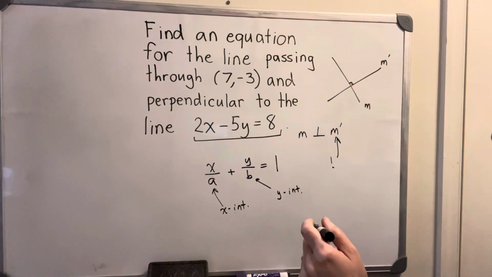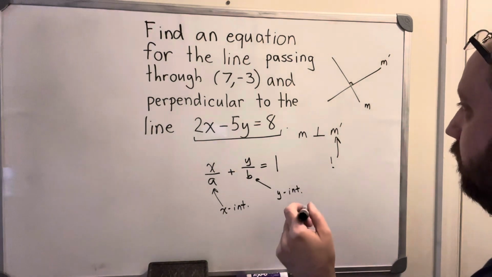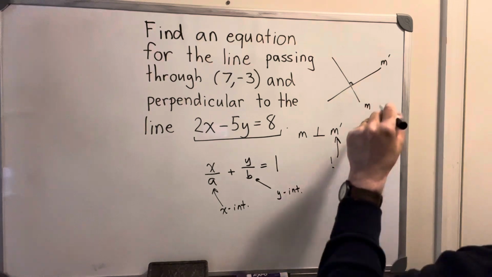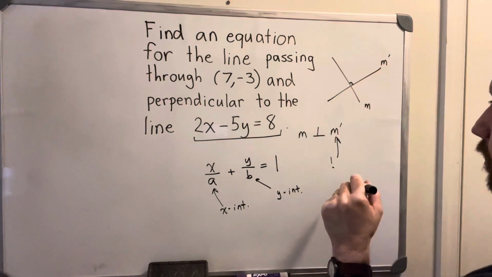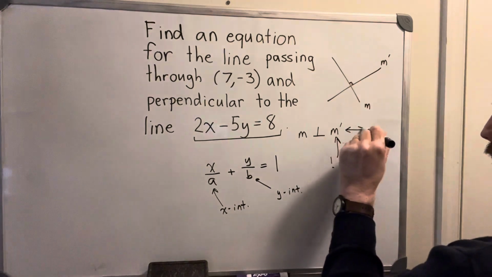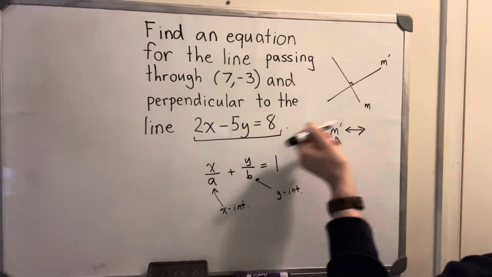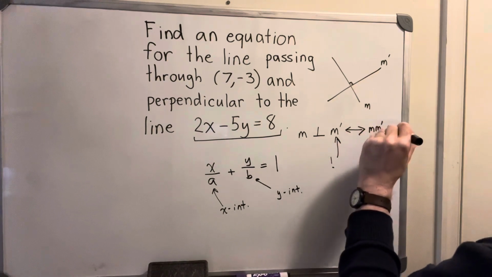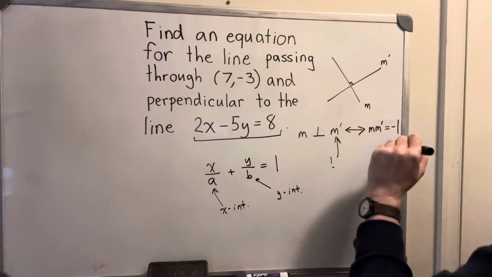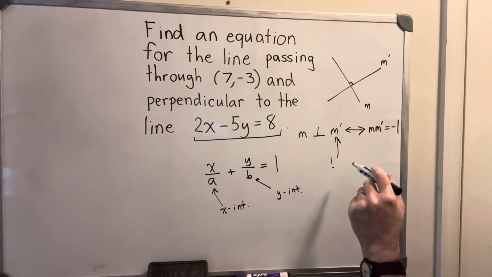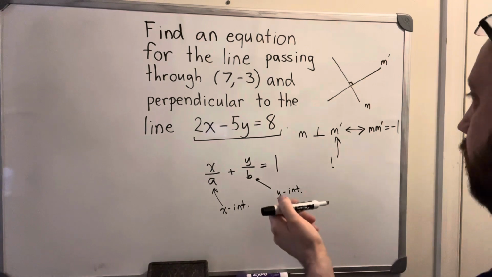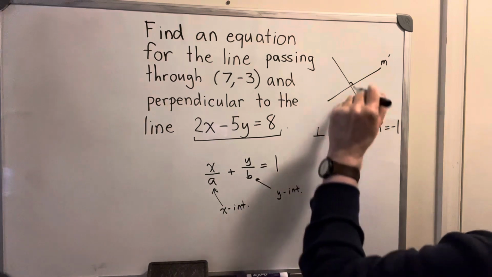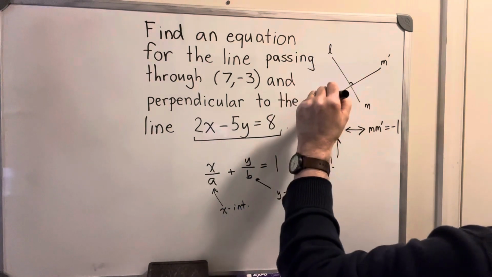Now, we won't prove it in this problem, but there is a theorem that says if and only if two lines are perpendicular, the double arrow means if and only if, then the product of the slopes is -1. Let's say this is line L, and this is line L prime.